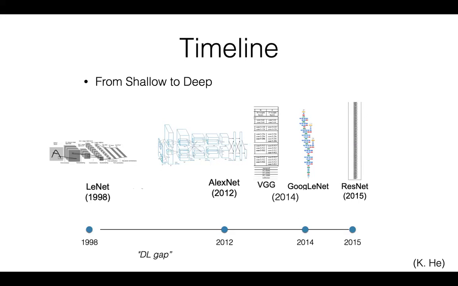One of the main things was to create architectures that were deeper and deeper and deeper. So after the LeNet in 1998, we had AlexNet in 2012, then VGG and GoogLeNet in 2014, and then ResNet in 2015. And this was really a very fast improvement.